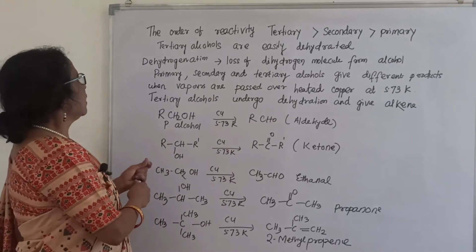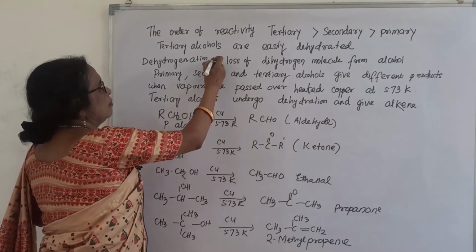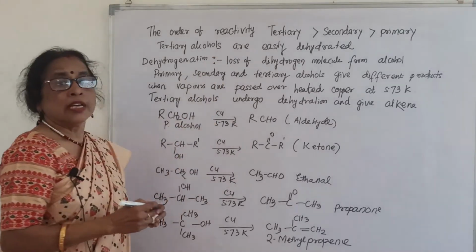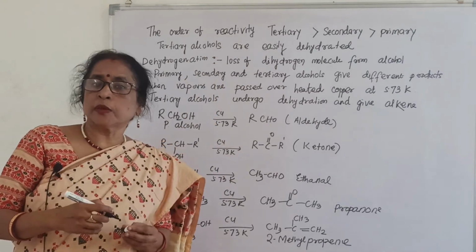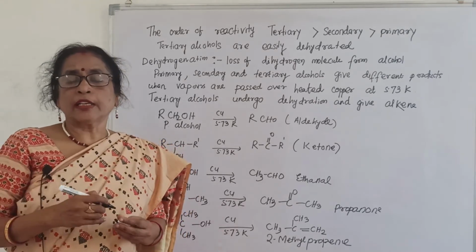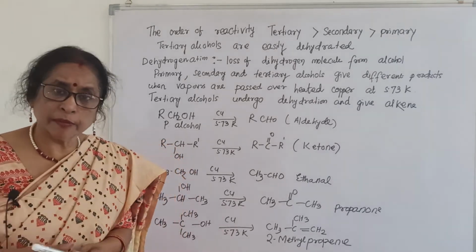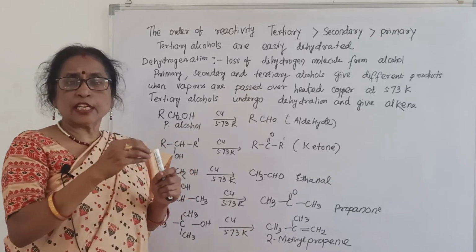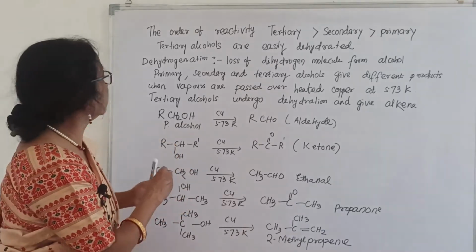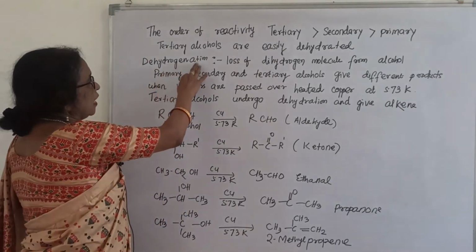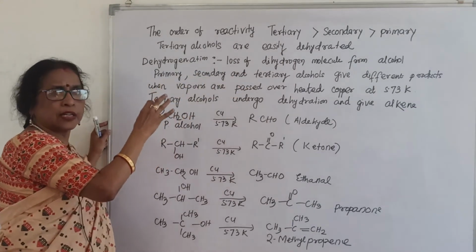Then come to dehydrogenation. What is meant by dehydrogenation? Dehydrogenation means hydrogen is removed. Dehydrogenation of alcohol means hydrogen is removed from the alcohol, the loss of a hydrogen molecule.